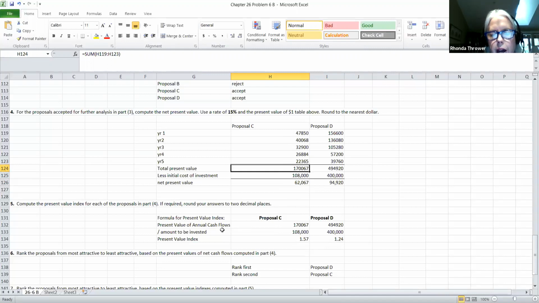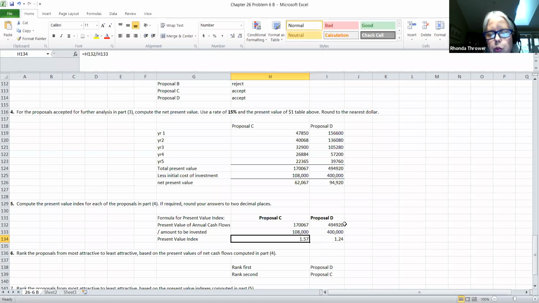The present value of the annual cash flows is divided by the amount to be invested. The amount to be invested was $108,000. When we divide that, that gives us a present value index of 1.57. The higher this amount is, the better.